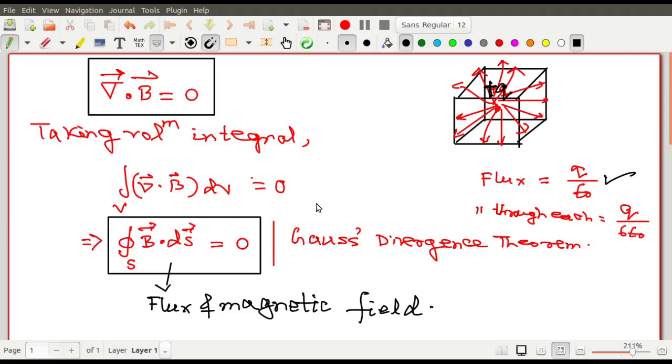If instead of being a positive charge, had it been a negative charge, then the lines of force would have been directed inward. If it is a negative charge, that is minus q, instead of positive, then the lines of force would be inside, towards this one.